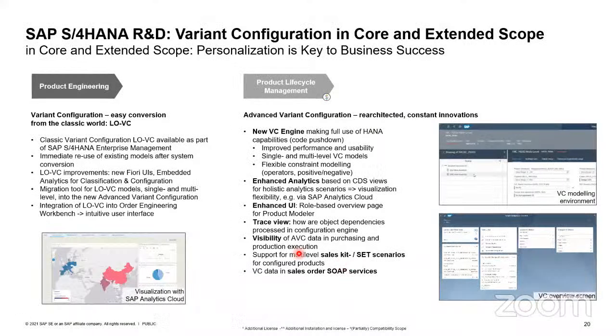So how is advanced VC different from the normal VC that we use? What is the functionality added? Let me come to that. If you see, this is the regular classic variant configuration, and this is the new variant configuration. Basically, this is more improvement on performance and usability.